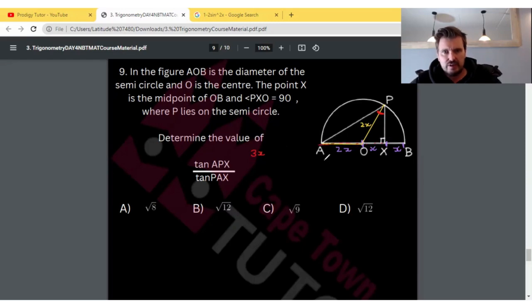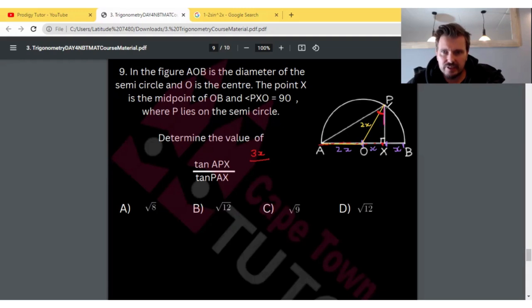And the adjacent is PX, so we need to figure out PX.